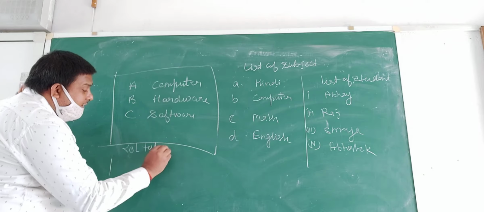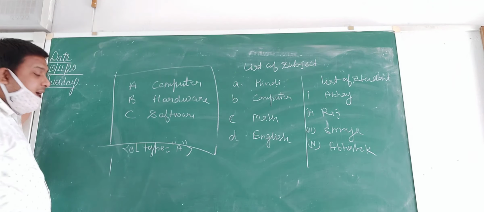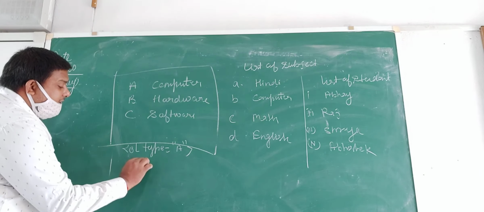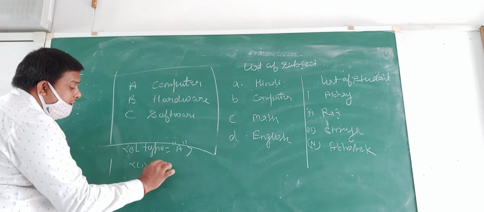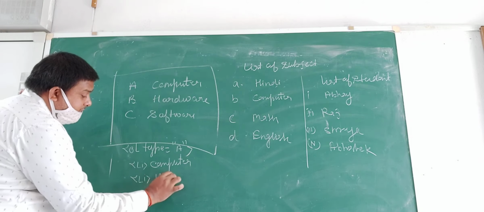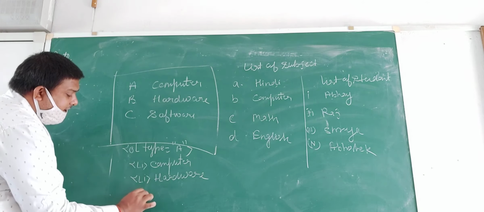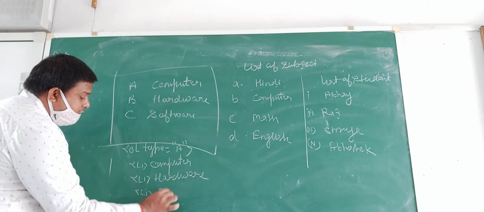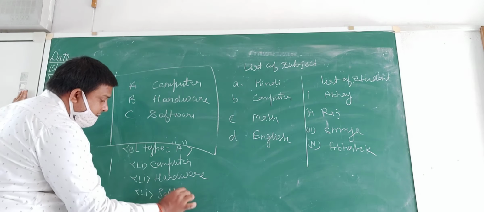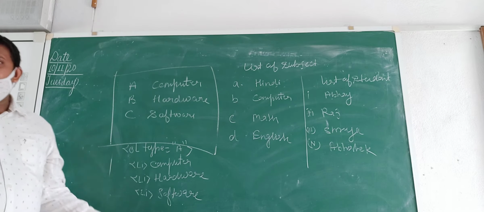OL type is equal to A. Clear? Then we mark all the list items: li Computer, li Hardware, and li Software. Clear? Then the output will come like that.